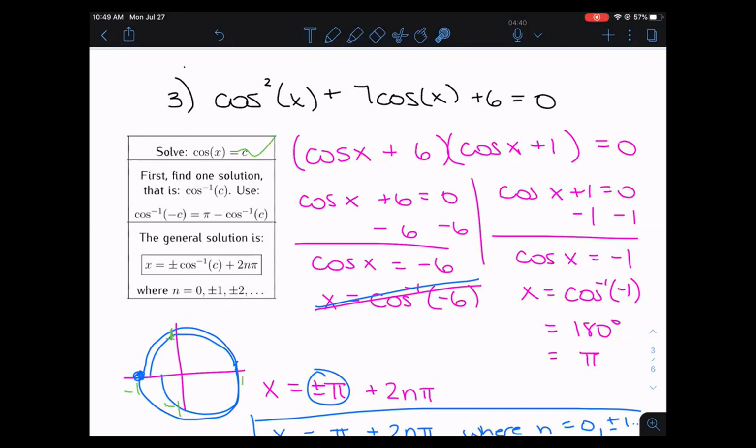Remember that 2 pi just means that you're going around a full 360 degrees, and the n represents that you're going around it several times. You can go around forwards or backwards. If you're going around backwards, that represents a negative sign. So that represents that you're going backwards n many times. That's what the little n represents.